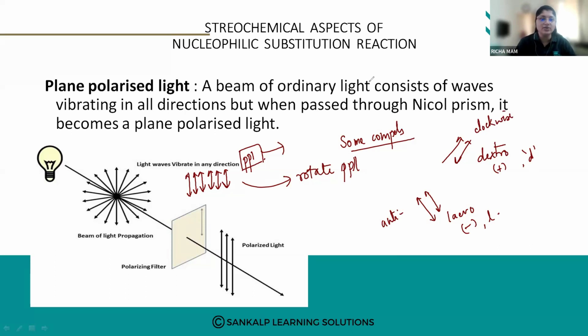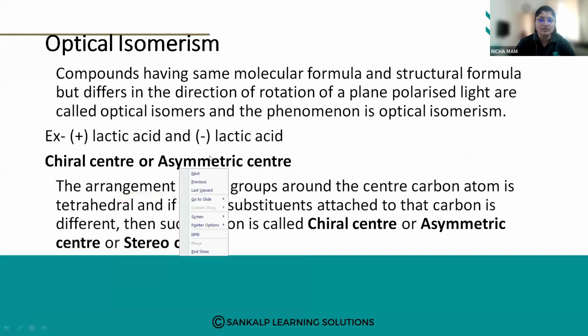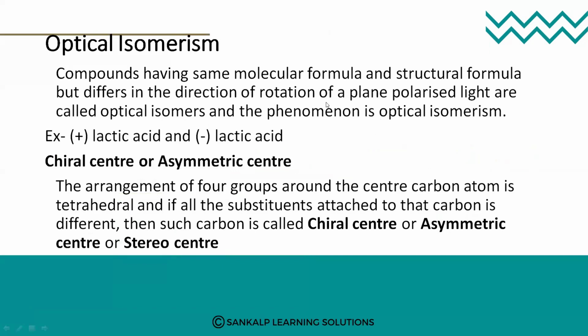Next, we are going to see optical isomerism. Compounds which have the same molecular formula and structural formula, but differ in the rotation of plane polarized light, are said to be optical isomers.